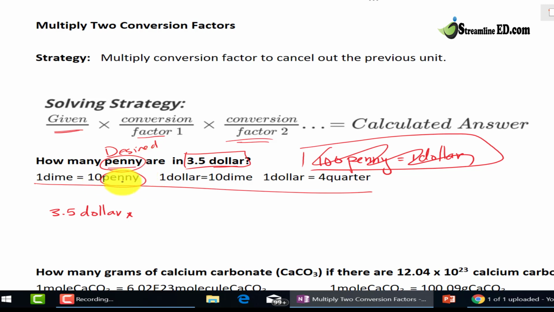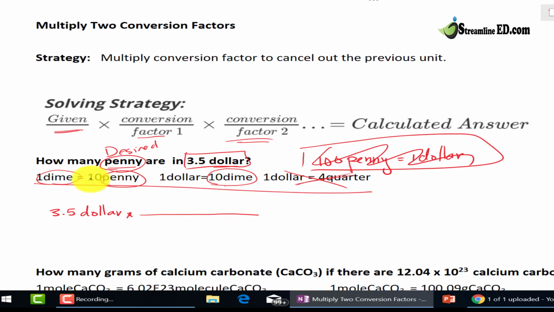We circle penny. This one has penny, and penny is dealt with dime. The quarter, we don't have quarter and penny together, so we can ignore this part. We're not going to get anything by converting from dollar to quarter. We have to convert to dime because here we have the relationship between dimes and penny, and here we have dime and dollar. Which one do we multiply first?